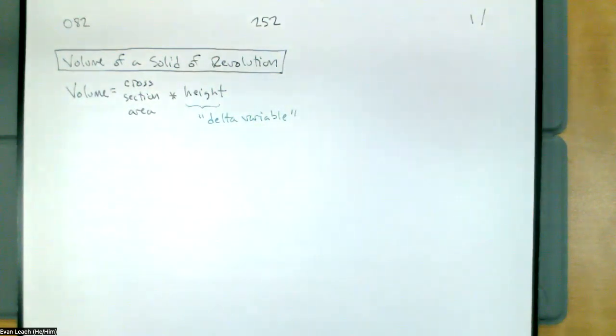I'm going to put delta variable in quotes because this is local verbiage that I use. It's not something that you can search on YouTube and find out about the delta variable. It's the one that's getting squished.